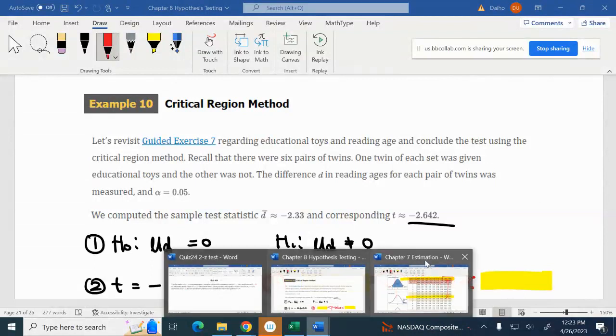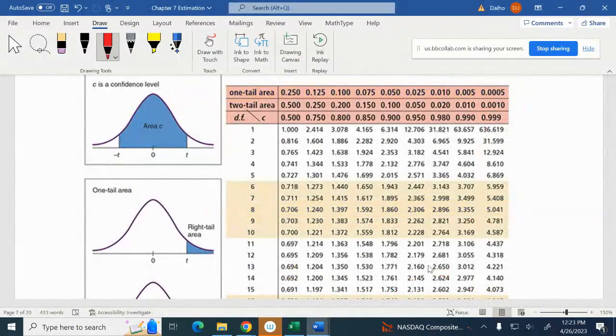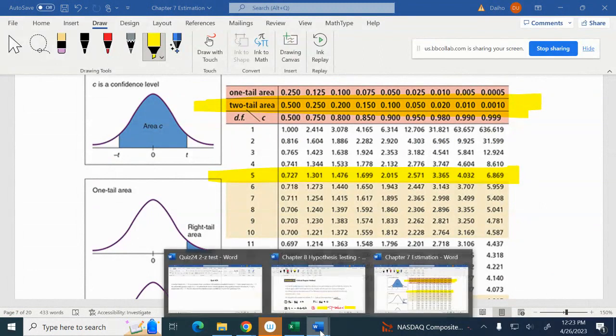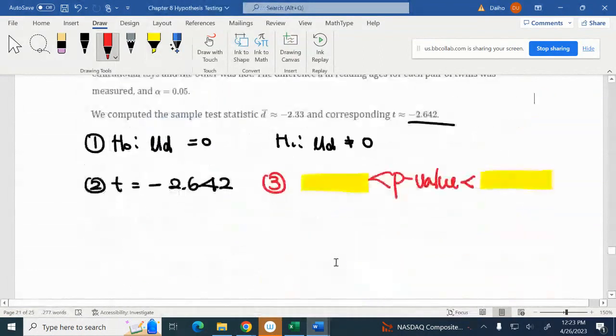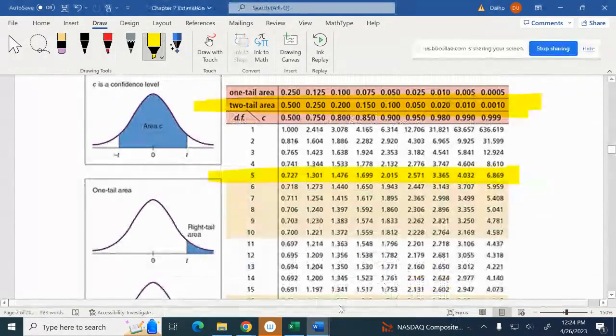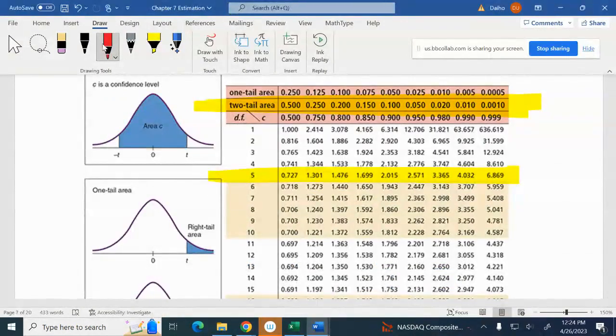Two tail, right? So I have to go to 5, 2 tails. How much was the test statistic? Negative 2.64. We always ignore the negative sign because the t-table has only positive values, 2.6 something here.